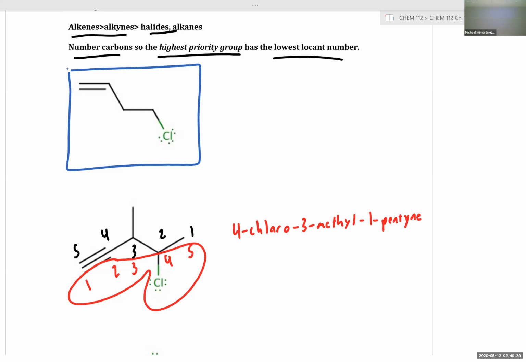And don't be shy to type your proposed name in the chat for this compound, and we'll discuss in about a minute and a half.